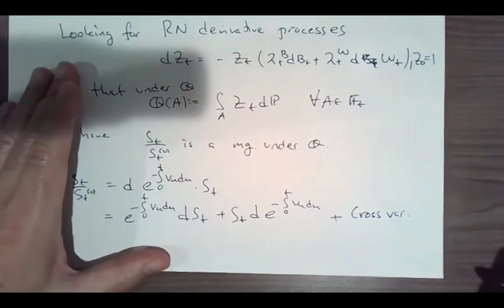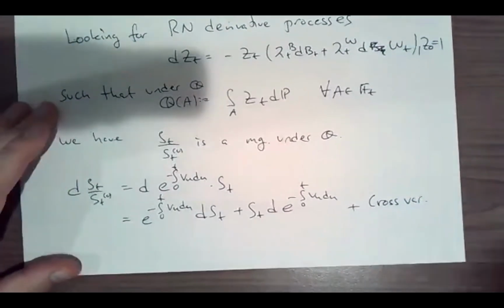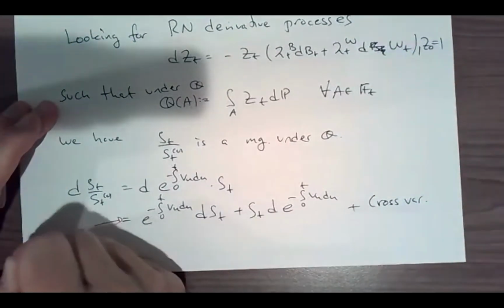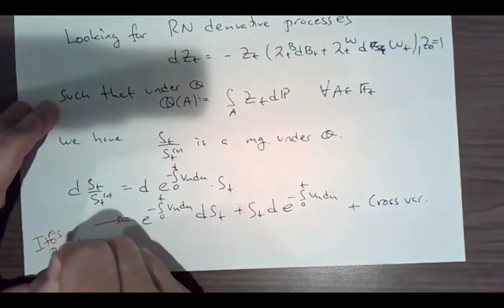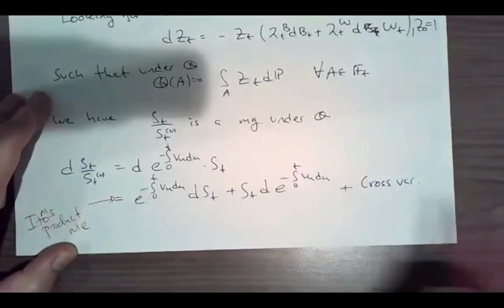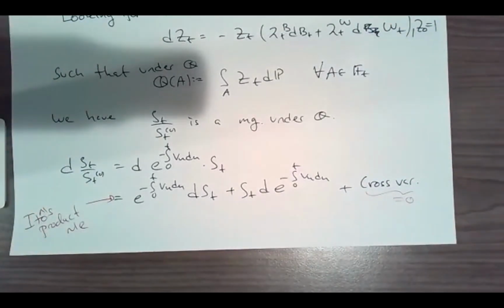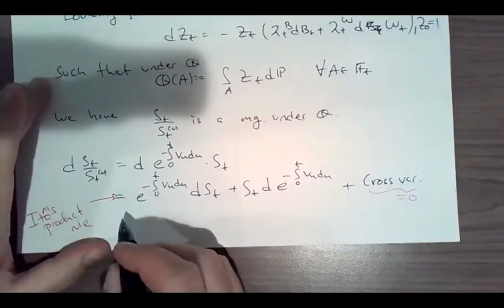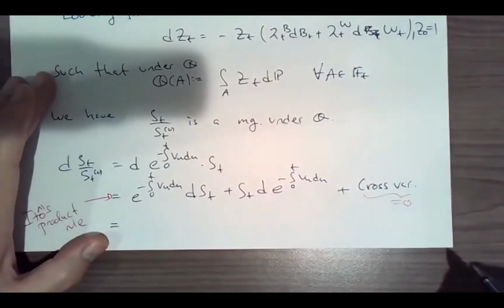We're using Ito's product rule here. But this cross variation term is equal to 0, so we don't have to worry about that one. So let's work out what this is equal to.